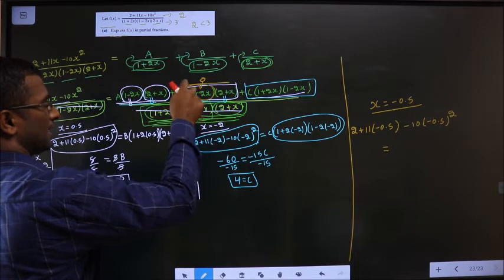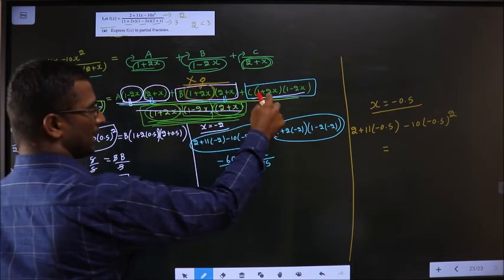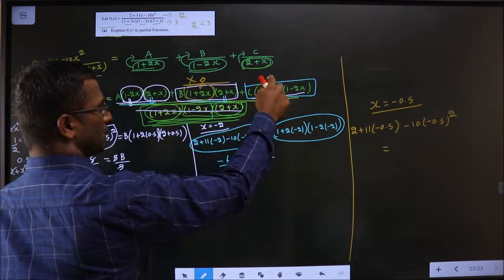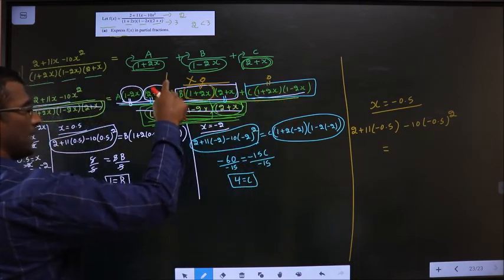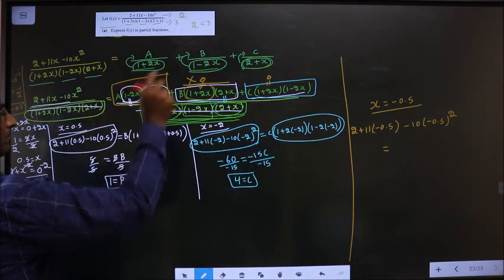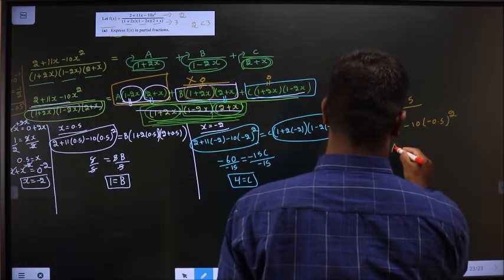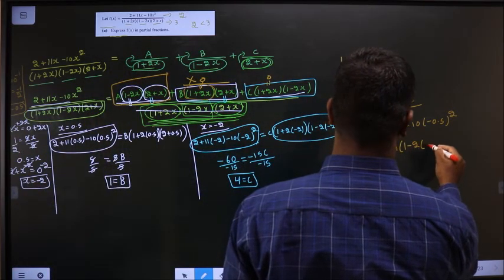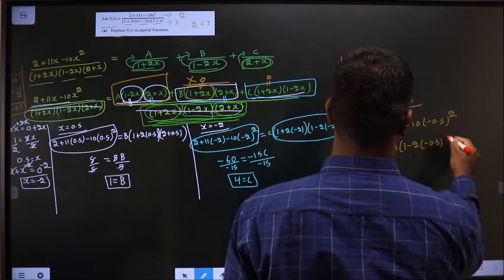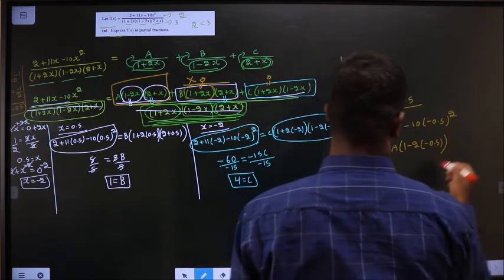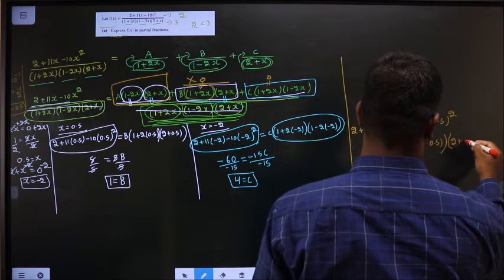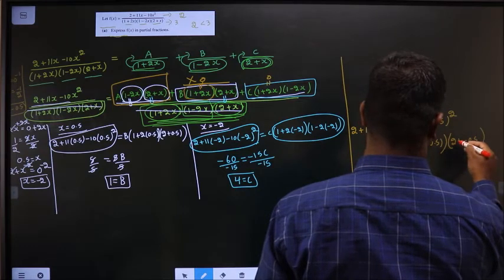So this entire thing is gone. When x is minus 0.5, this is 0. So this entire thing is gone. We are left only with this one. So that is a times 1 minus 2 times of minus 0.5 and 2 plus minus 0.5.